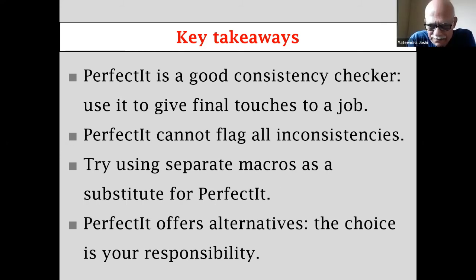Sometimes it shows commonly misspelled words. There is an option which points out commonly misspelled words. Maybe if we can customize by adding such words, like the example you told. I think PerfectIt allows some kind of customization. I have not really probed it further, but it should be possible.